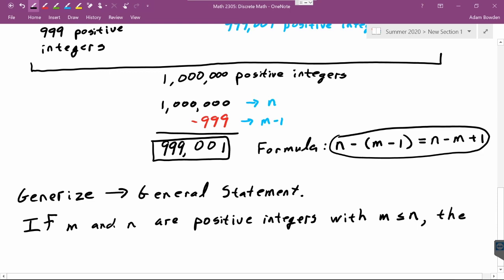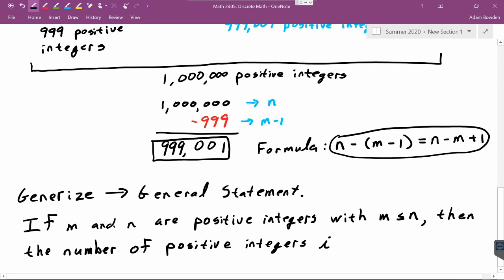That's our assumptions, our hypothesis we'll call it. Then, as a result, the number of positive integers, and we're going to use a letter to stand for the number of all the positive integers which stand between those two.